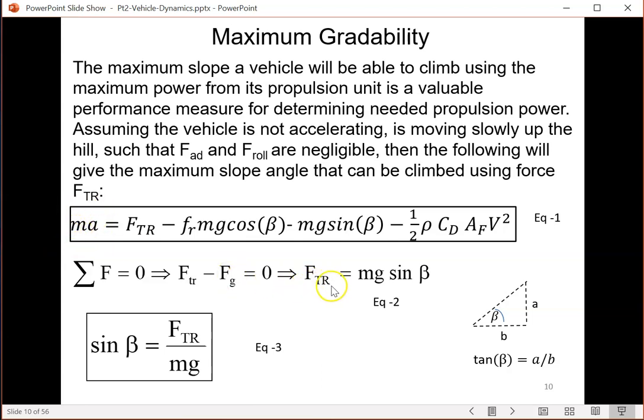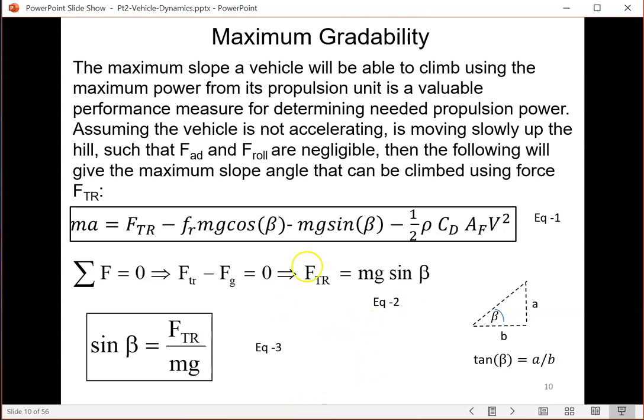Therefore, FTR equals mg sine beta. So we are saying that if there's no acceleration, no air drag, and the road surface is in good condition, what is the maximum gradient we can climb?